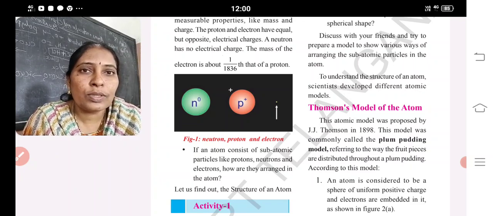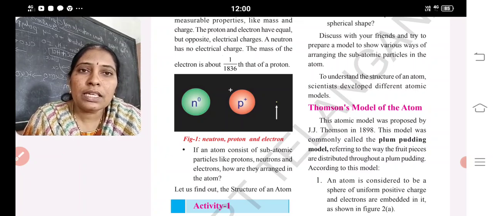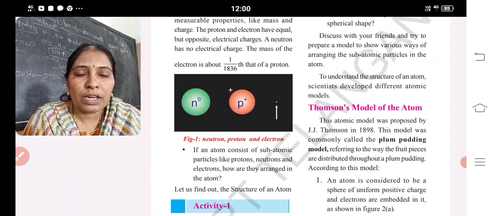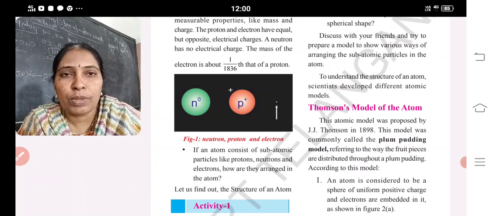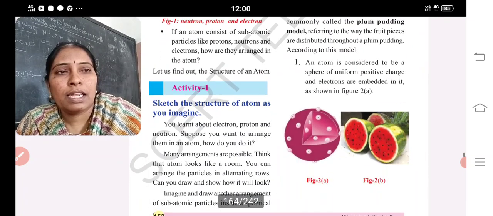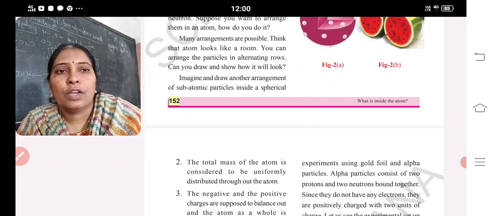His model is also named the plum pudding model or watermelon model, because he compared the atom to a watermelon fruit. Inside the watermelon we have the red mass, which is said to be the protons, and the seeds that are embedded are said to be the electrons. So this is the fruit.